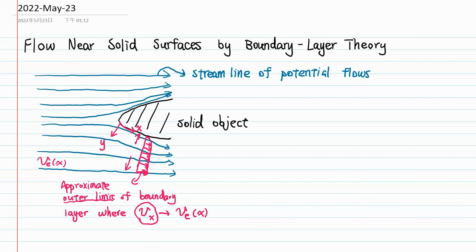And that region where the velocity is changing is called the velocity boundary layer here. Okay? And typically when we're dealing with boundary layer problems, we would define the coordinates as the direction parallel to the solid surface being x, and the direction perpendicular or normal to the solid surface being y.